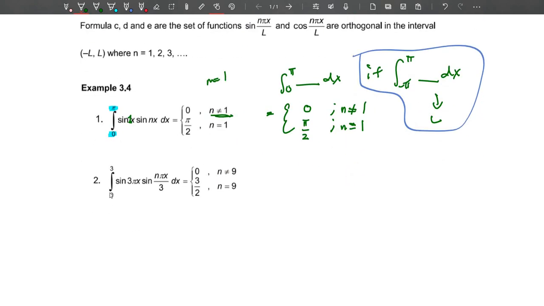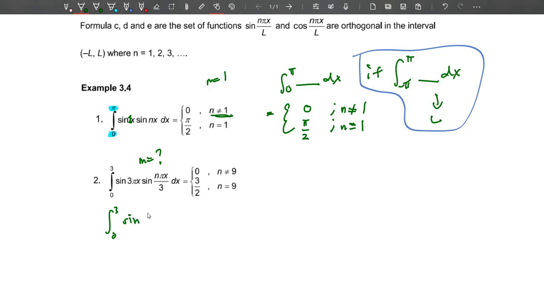For the second one, we have the integral of sin 3 pi x sin n pi x over 3 with respect to x from 0 to 3. The first step is to determine the value of m. m is equal to what? Right now we have sin 3 pi x sin n pi x over 3. The first step is to make sure that you have the same fraction.